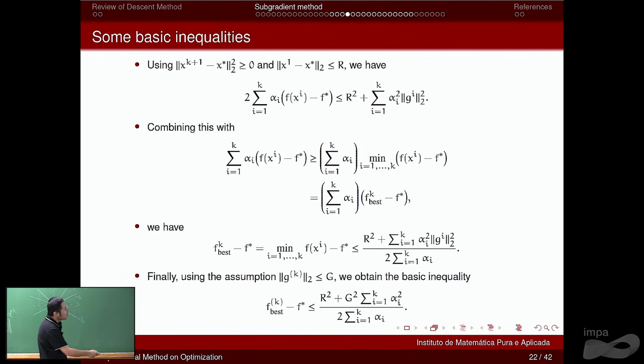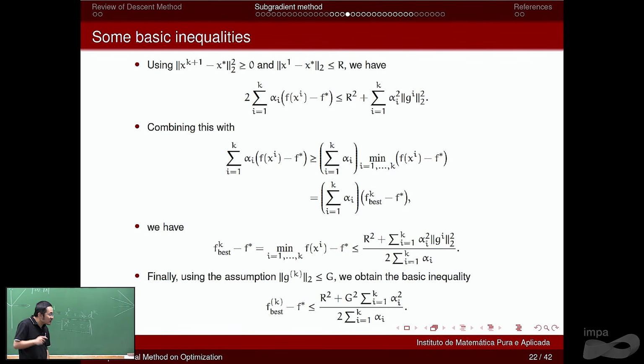So this inequality together with the previous inequality, we have f k best minus f star, which is the minimum of f of xi minus f star, is less than or equal to this fraction. How can we get this? You just substitute this summation by this summation, and divide by the summation of the step size on both sides, and then you get this one.